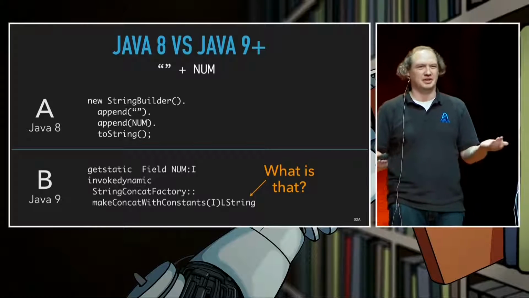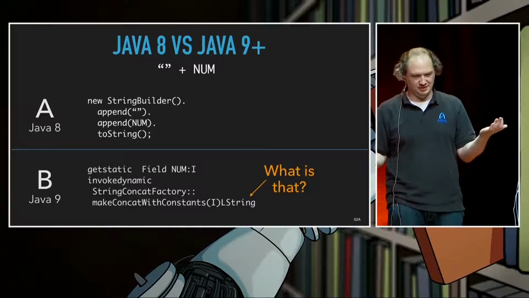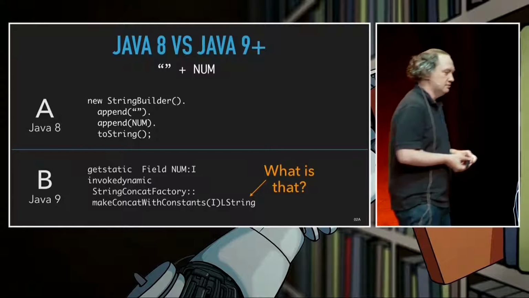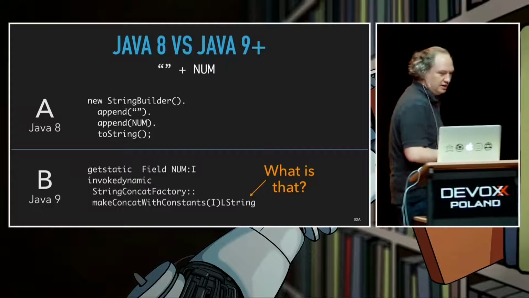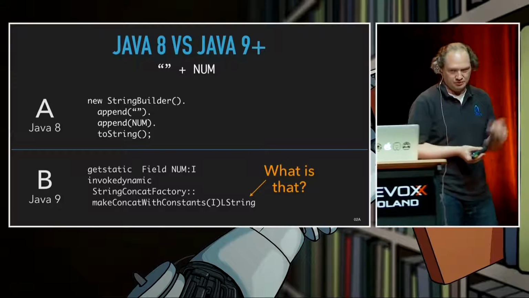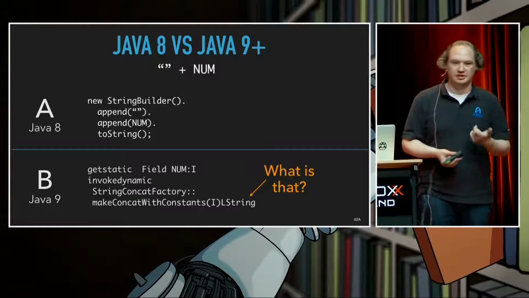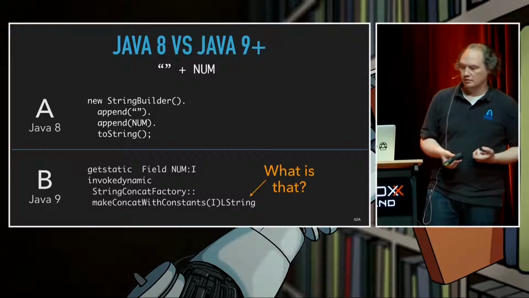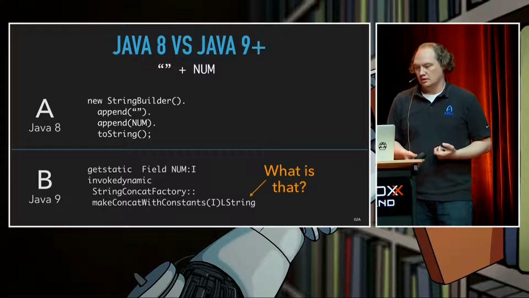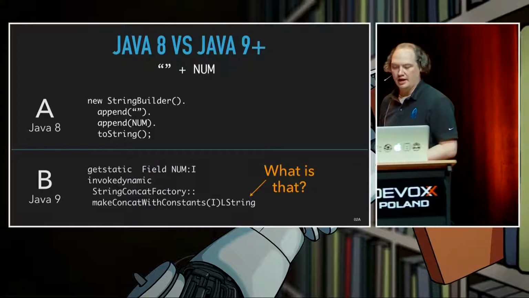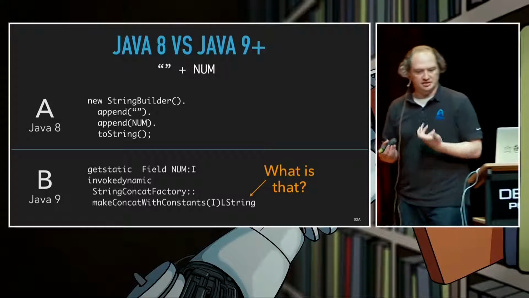What is dynamic about string concatenation? Well, what it actually does is it at runtime produces a specialized function just for doing this concatenation operation for you. And it says, make concat with constants, and it just takes an integer.